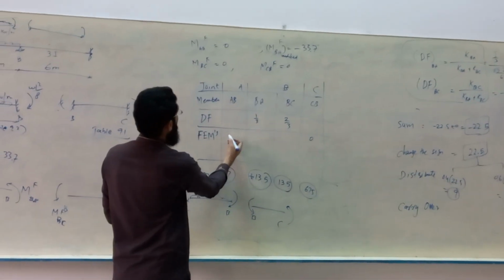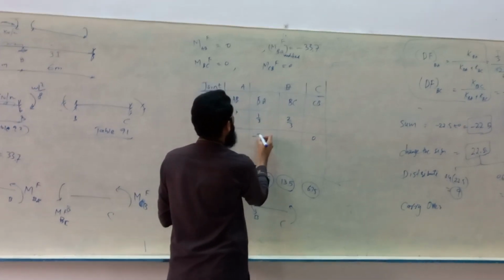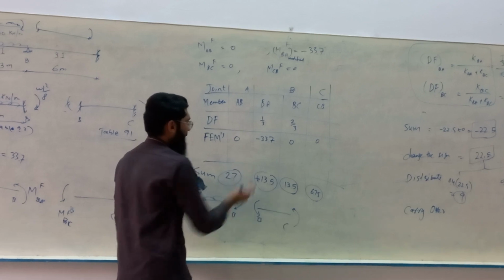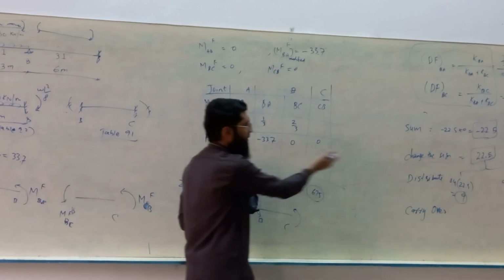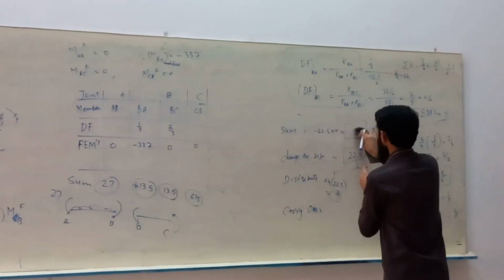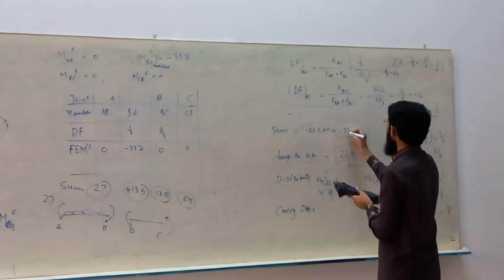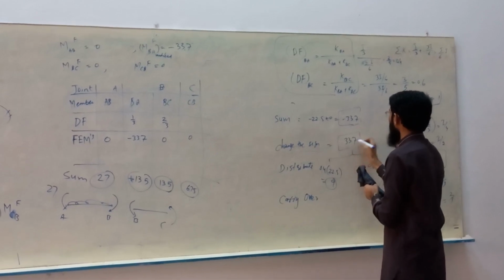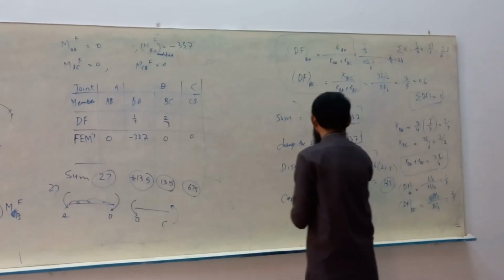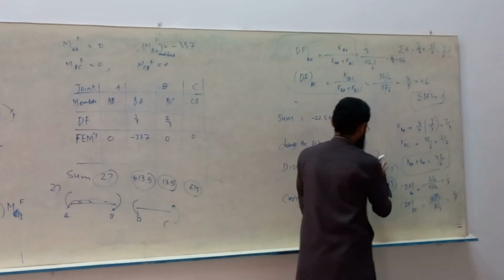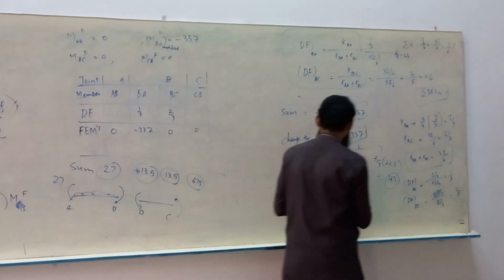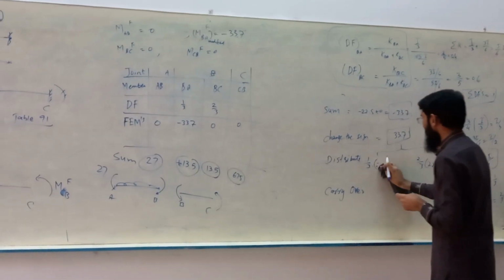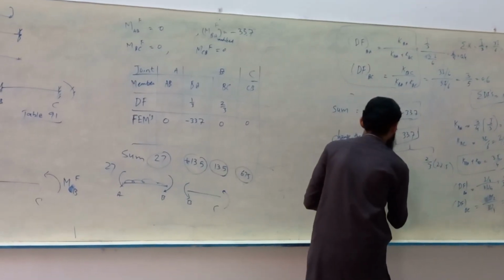So FEMs are 0 minus 33.7. सम करो, कितना बनेगा? सेम स्टेप्स। 33.7 minus 33.7. Change the sign. 33.7. Distribute. 1 by 3, 2 by 3. What is the answer? 22.5 million. 33.7.